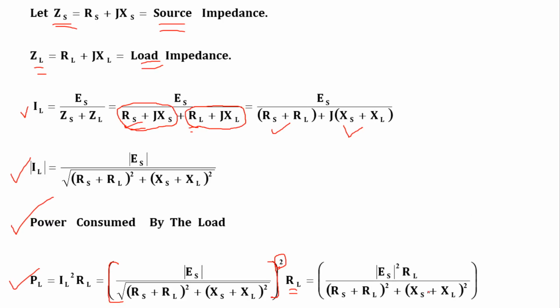Now we have to find the maximum power consumed by the load. Over here we have two variables, RL and XL. So we will take them one by one to get the maximum power. We have to consider the values of RL and XL to get the maximum power across the load.